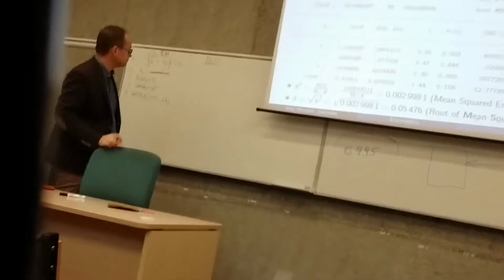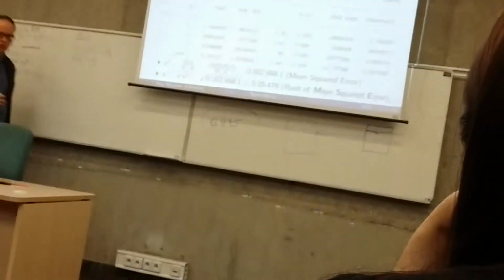We have derived the OLS estimator. The formula for this estimator is b equals x prime x inverted x prime y. And what we have shown up to now is that the expected value of b is equal to beta, so the OLS estimator is unbiased.